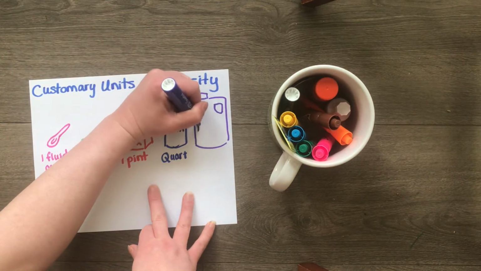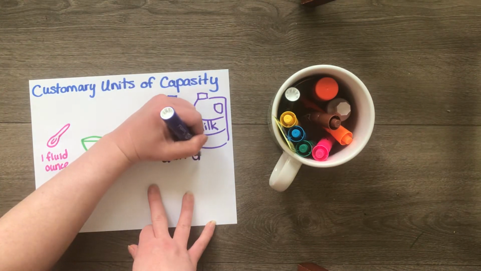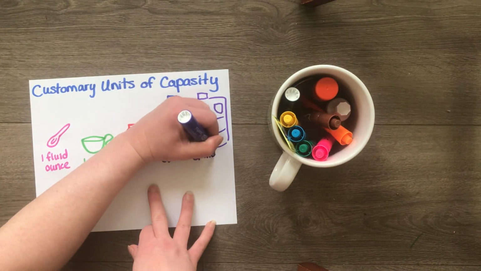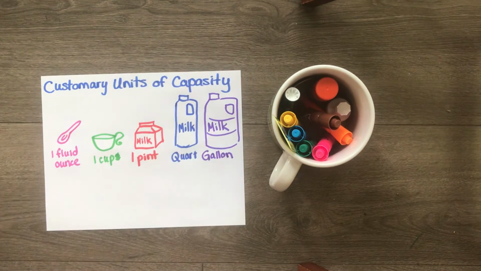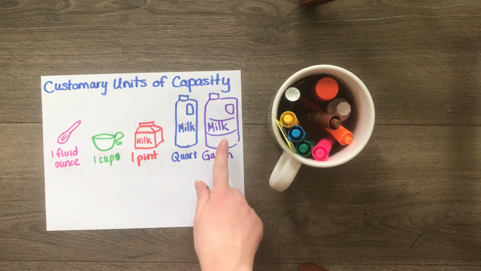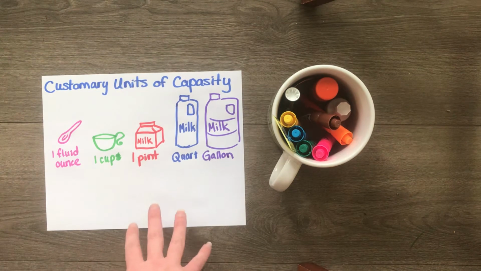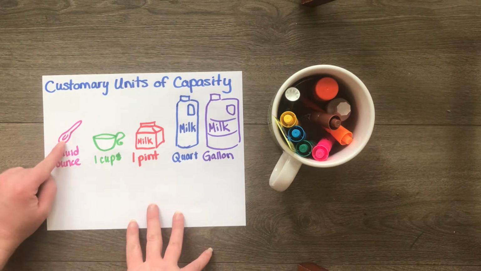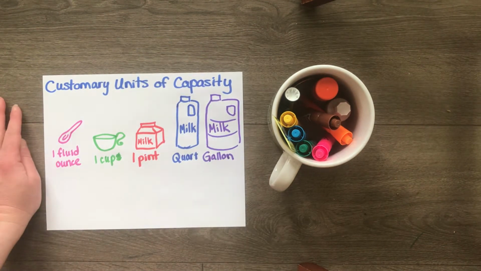This is called a gallon. Other juices, and sometimes vegetable oil, will come in a huge bottle like that, a big gallon. Laundry detergent can also come in a very big bottle like that. So we have small units of measurement all the way up to large units of measurement.